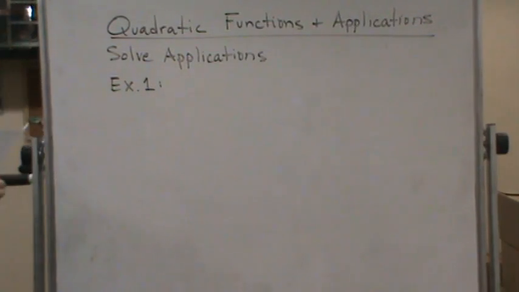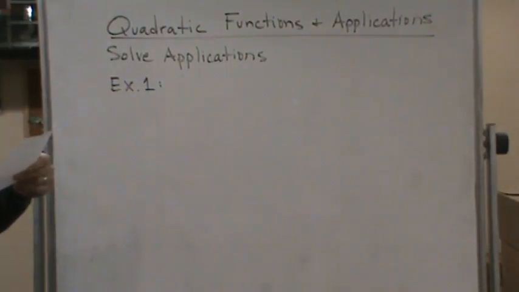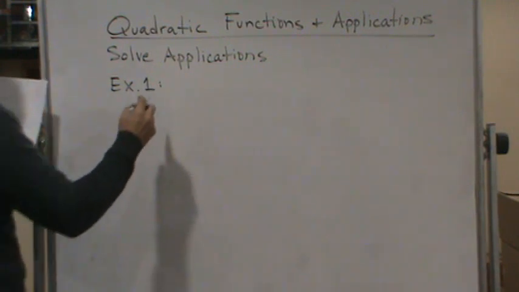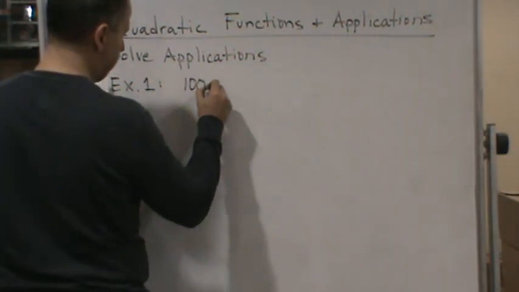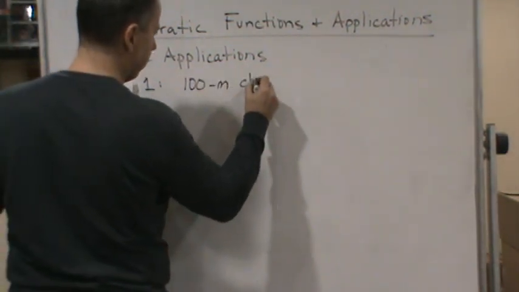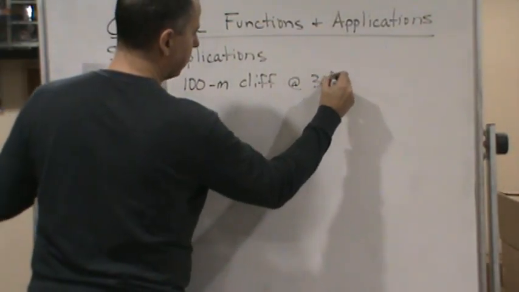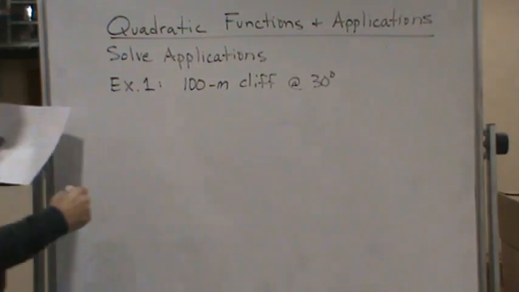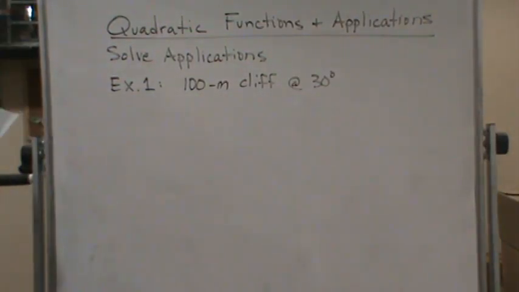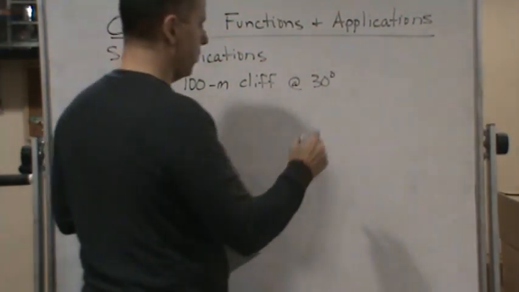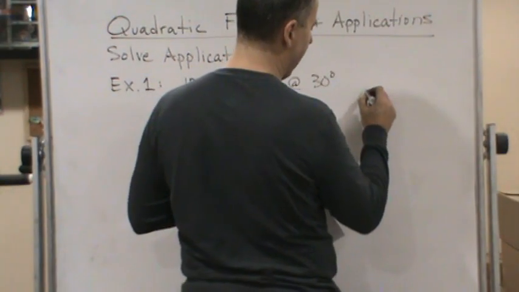So now, in this, I'm just going to read it. It says, a stone is thrown from a 100-meter cliff at a 30-degree angle from the horizon, right? So 30-degree angle of the horizon.